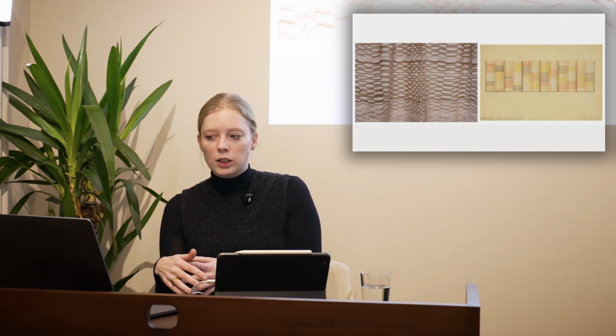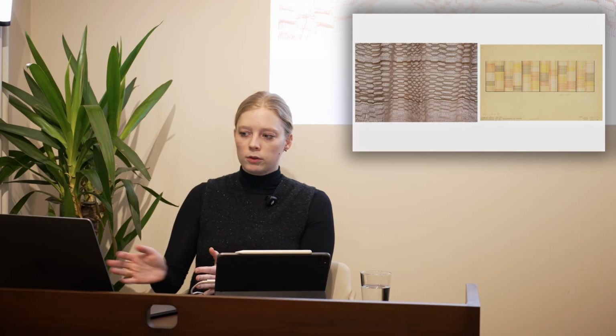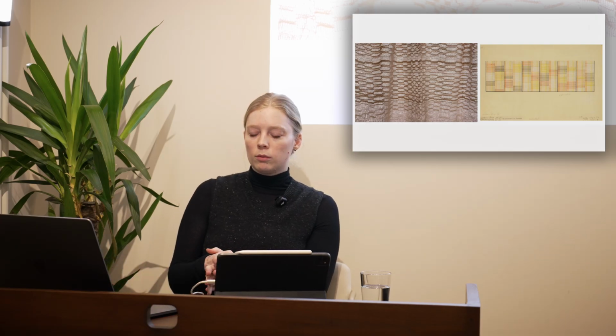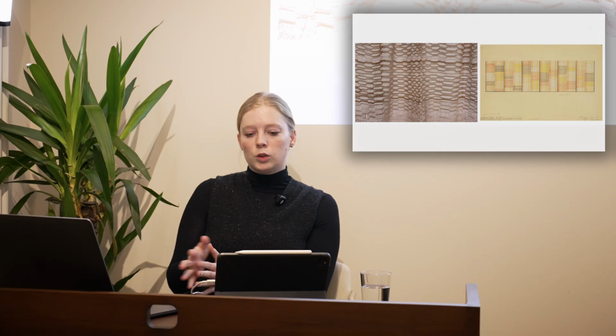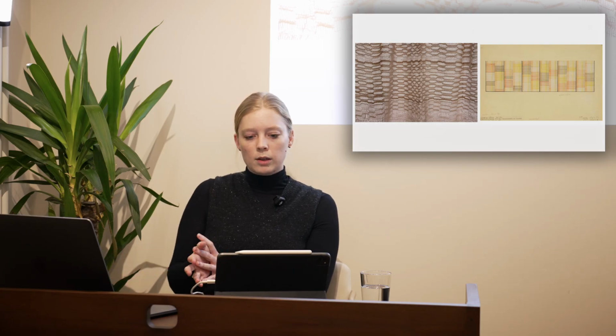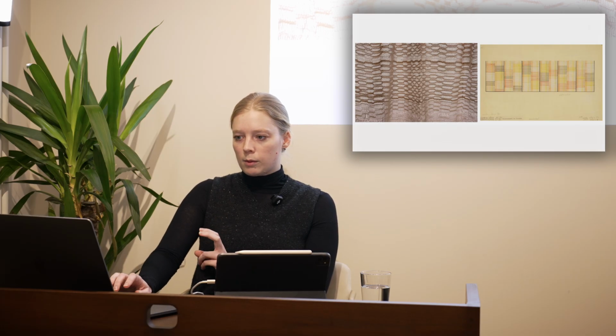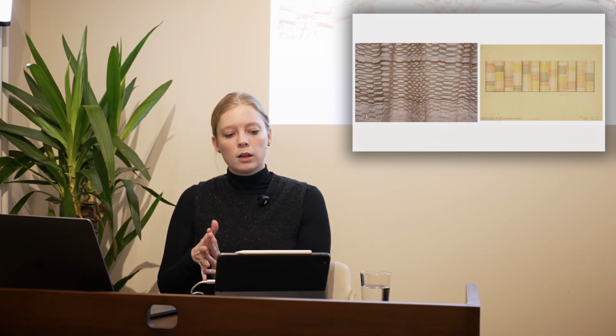In addition, Anni Albers, partly because of her move out to New Haven and Yale, was much better known, also through her husband, Josef Albers, who's an artist. But Otti Berger was someone who was almost completely forgotten.